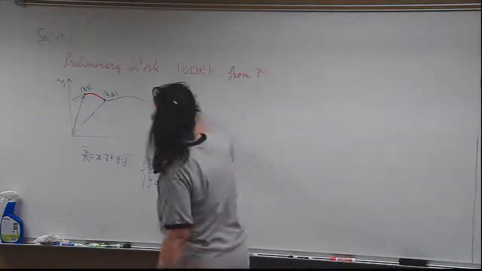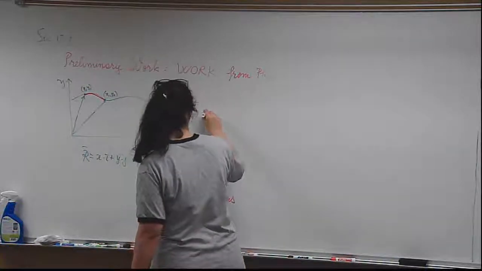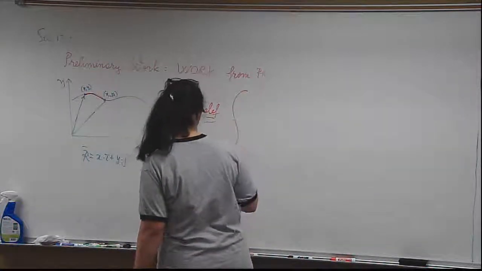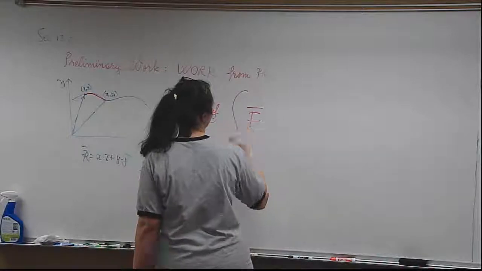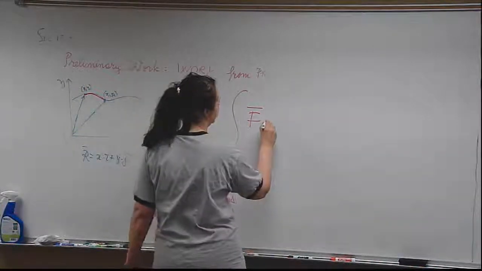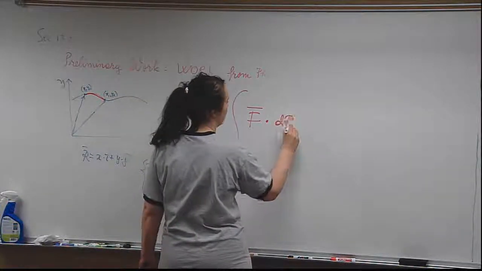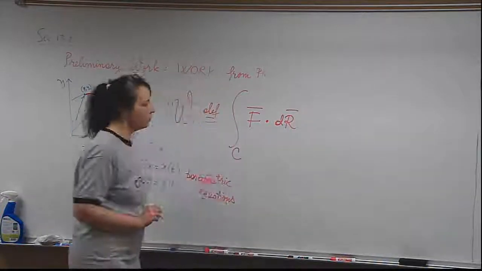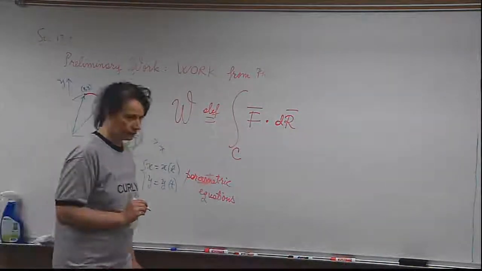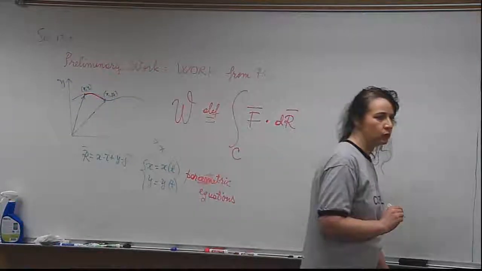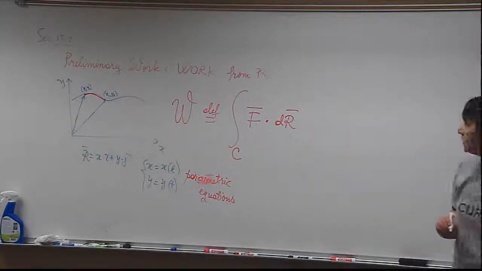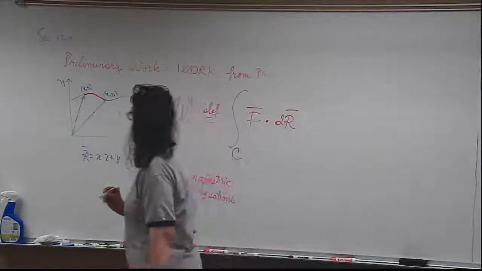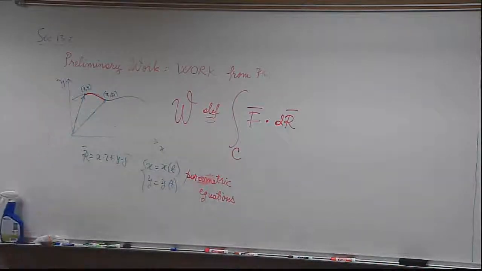Then the work will be defined, whether you like it or not, as the integral of the vector field F dot product with dr over C. And you say, what in the world is that? What would C be? How do I integrate along a path? And I will tell you in a second what we mean by that.